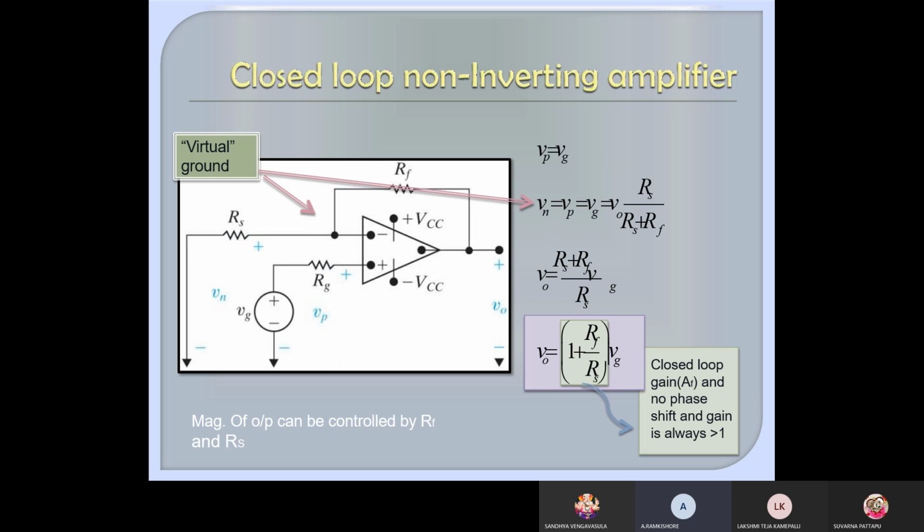Next one, the closed loop non-inverting amplifier. Here also it is the same; that is the difference for the closed loop op amp.